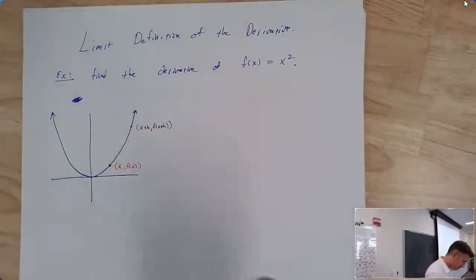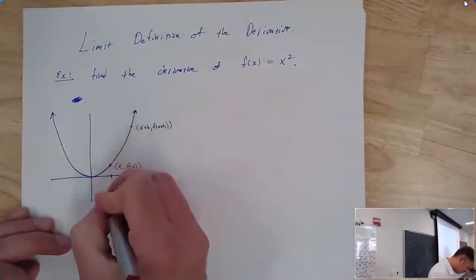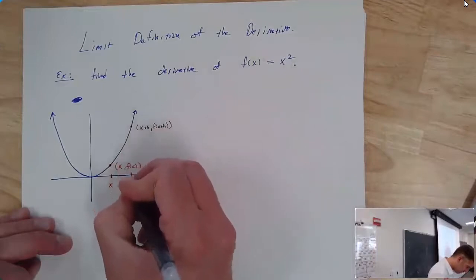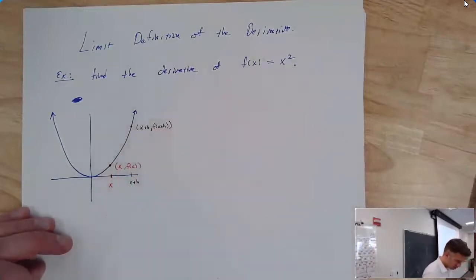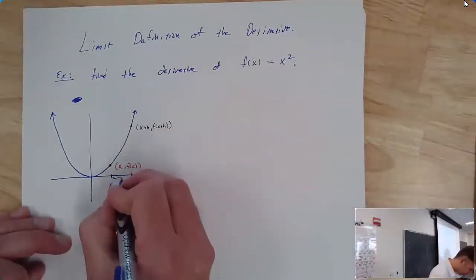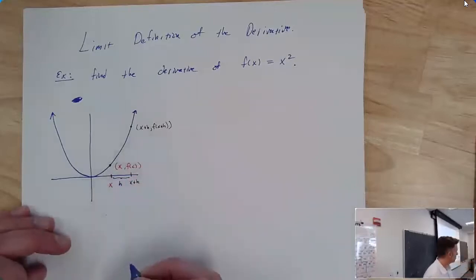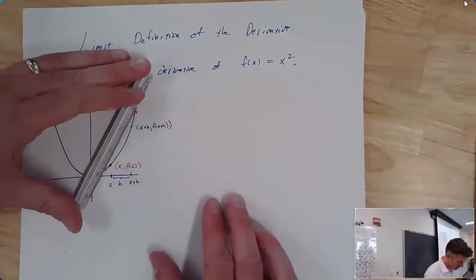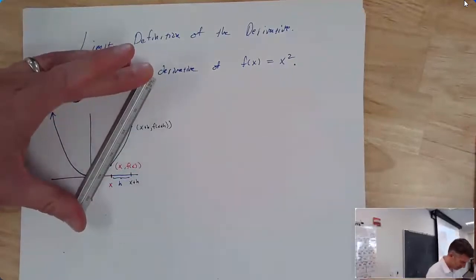So there's x. There's x plus h. In case it isn't clear, the difference between them is h. Okay, so what we're going to do is find the slope of this secant line.